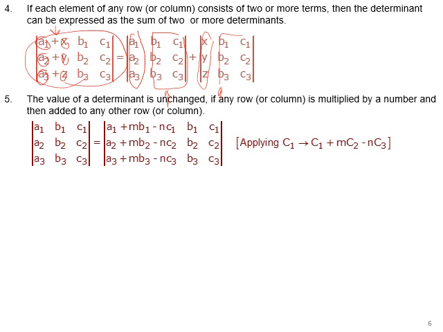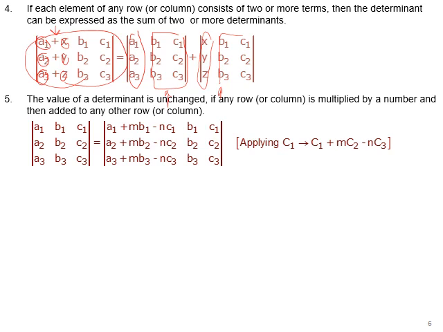Another property. If we have any matrix and we add, subtract, multiply, let me say, items of another row or column and add it to the original row or column, this will not change things.